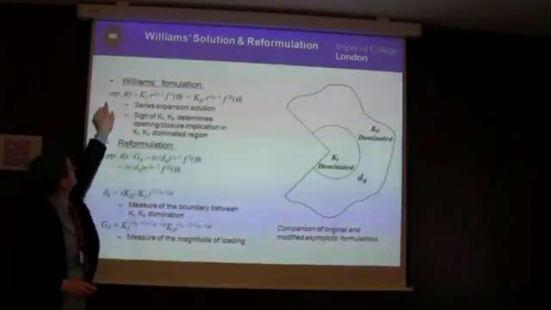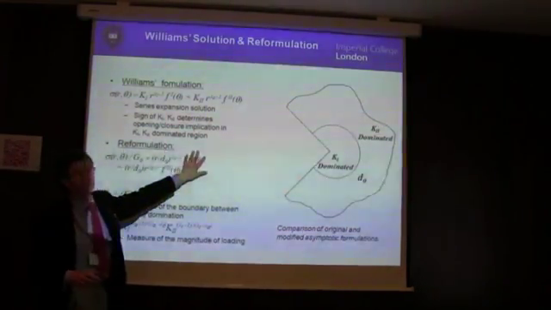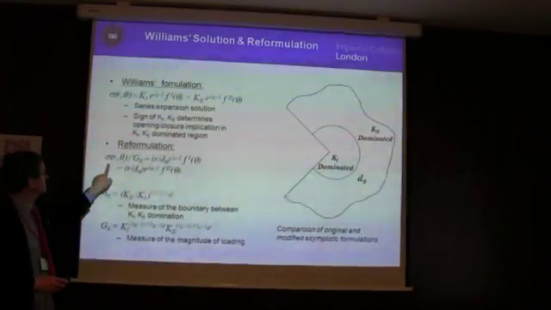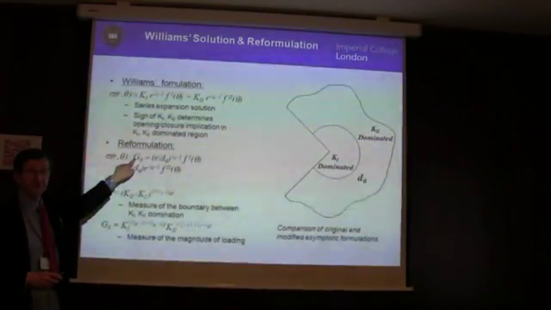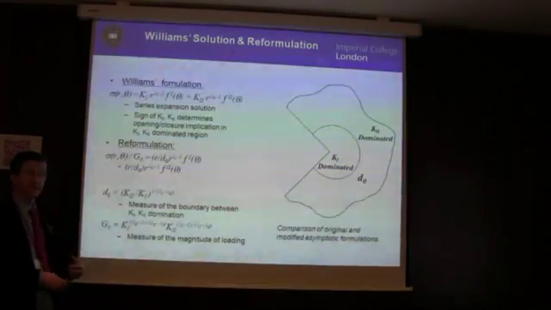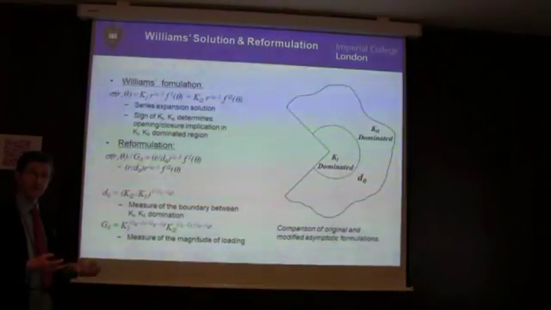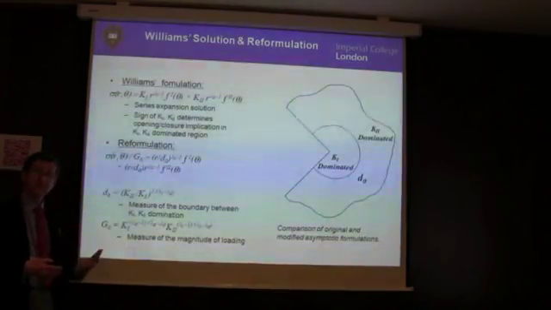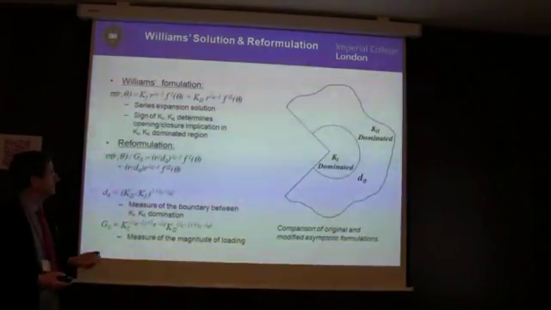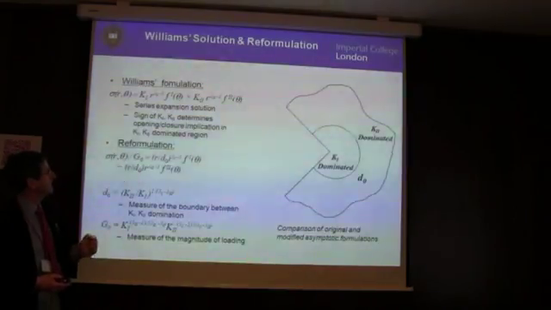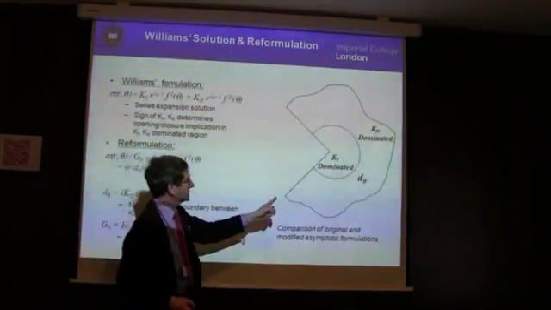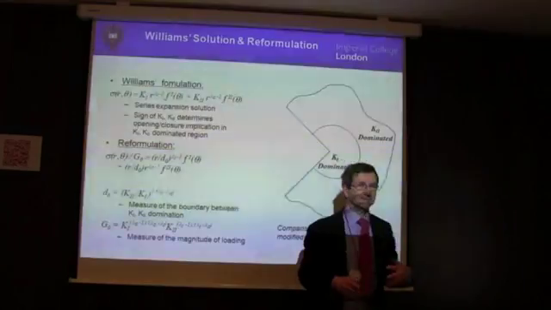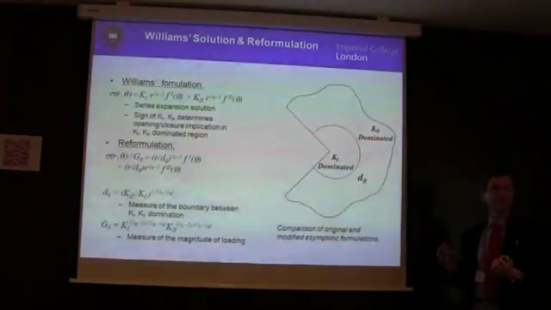And we can rewrite this equation here in this form, so that the stresses are proportional to G naught, and this is just seen as some kind of multiplier on the loading of the problem, the magnitude of the loading. And D naught, which is now an internal parameter within the solution. So now D naught is actually something to do with this boundary between mode 1 and mode 2 loading.